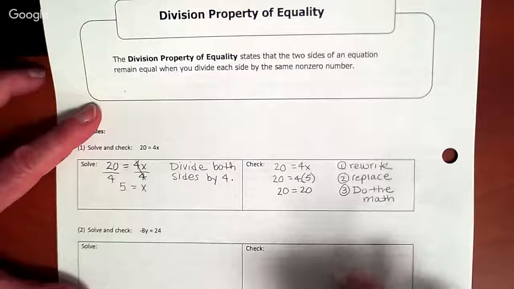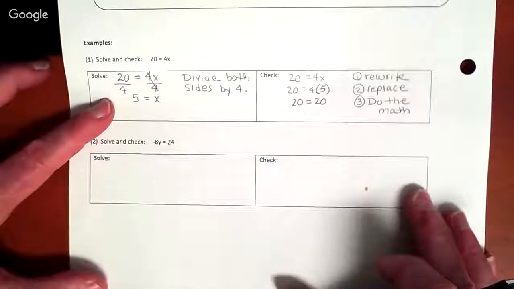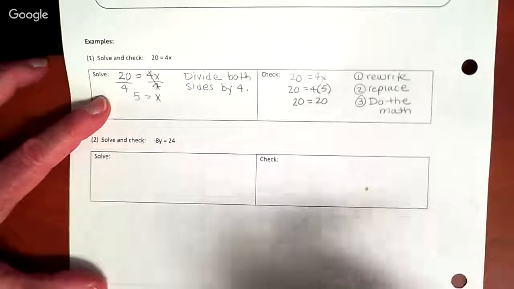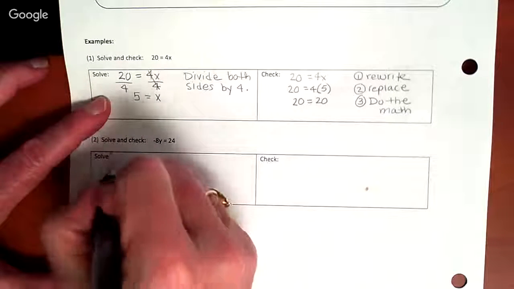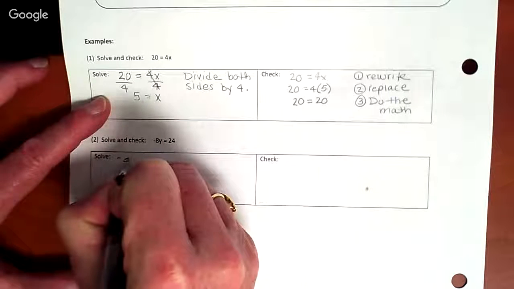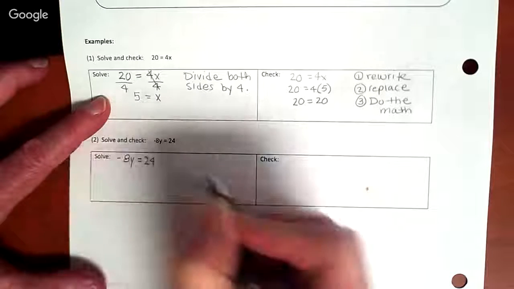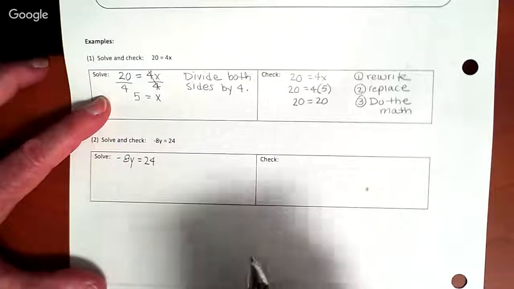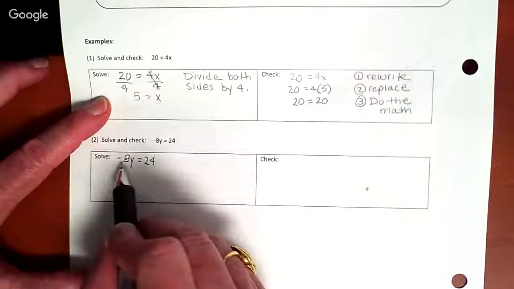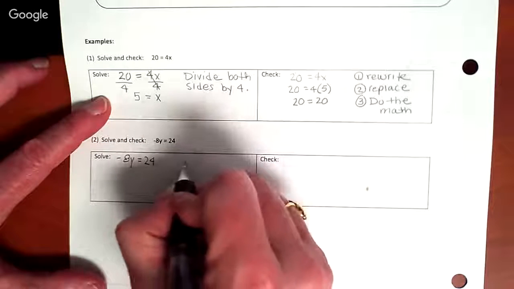So our next question, we have negative 8y equals 24. And again, ladies and gentlemen, use your calculators. So here we have negative 8. So the inverse then would be to divide.